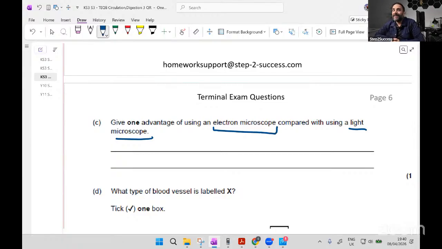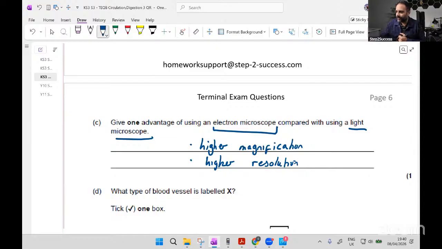The electron microscopes are more expensive because they're more powerful, but we don't want to say more powerful. There are two possible things you can say about why they're better. You can say that they have a higher magnification, which means they can zoom in further, or that they have a higher resolution, which means that you get a sharper, clearer image.